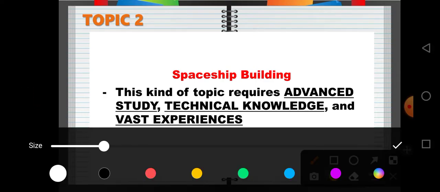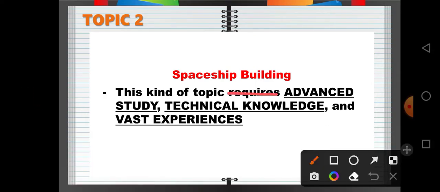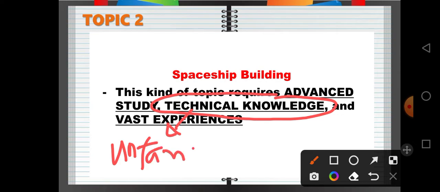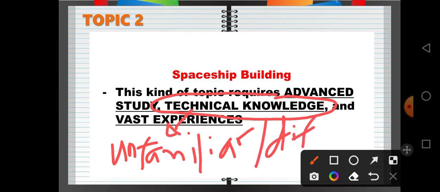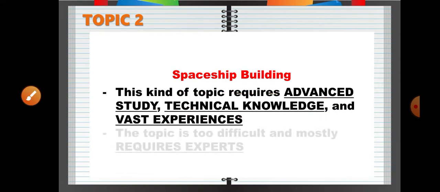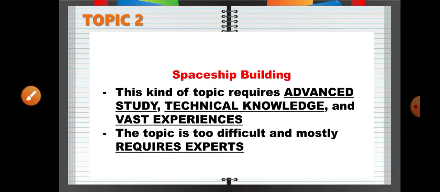Furthermore, it requires technical knowledge. When we say technical knowledge, class, upon searching for this topic, you can encounter unfamiliar terms, or let's say difficult terms. And such difficult terms require the help of experts.